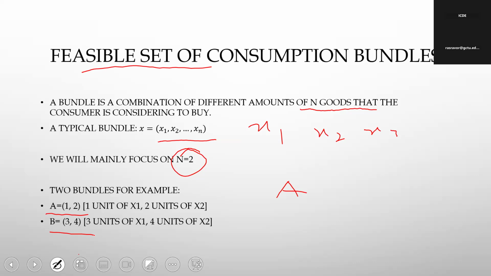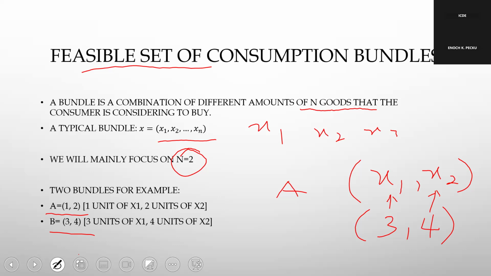Remember, I'm just saying X1, comma, X2. So if I have 3, 4, this directly means X1 and this directly means X2. Is everybody with me? Please, are you with me? Yes, please. Okay. Don't worry, it is not going to be mathematical.